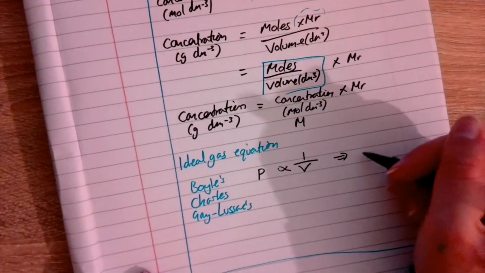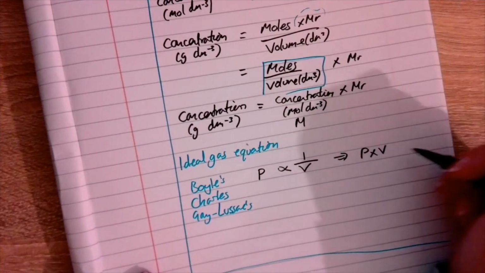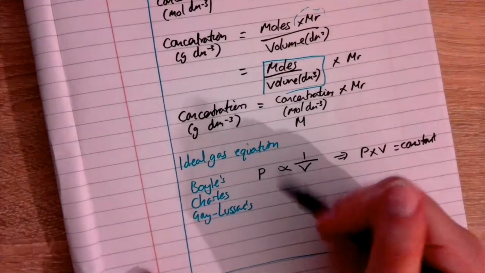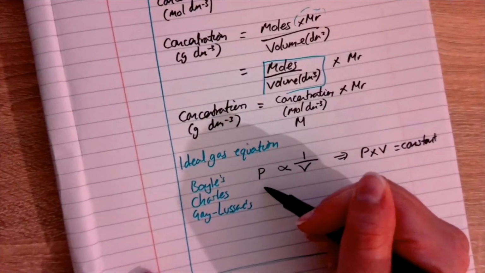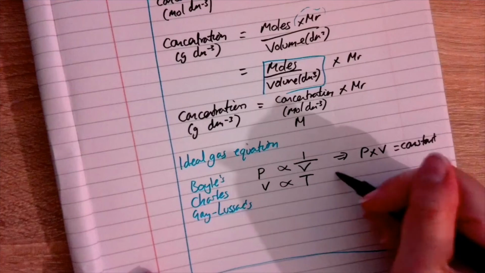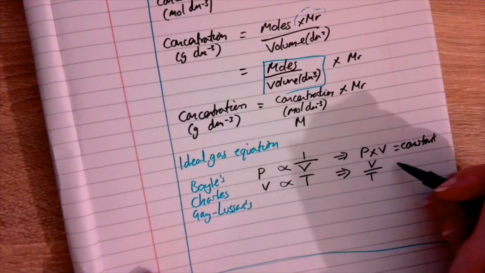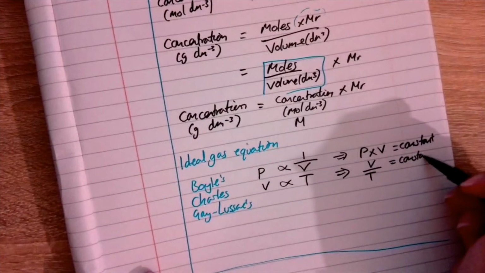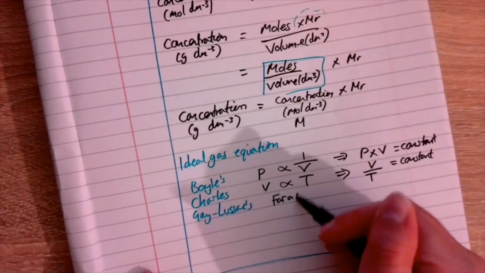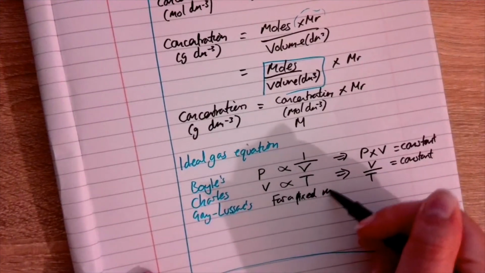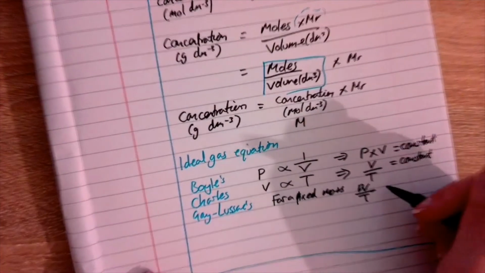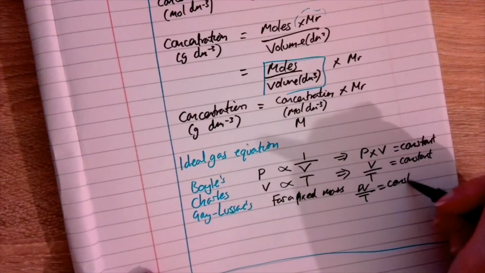In other words, that pressure times volume is constant. Our second law found that our volume was directly proportional to temperature. In other words, volume divided by temperature is a constant. And we also found that for a fixed mass, PV over T is equal to a constant.